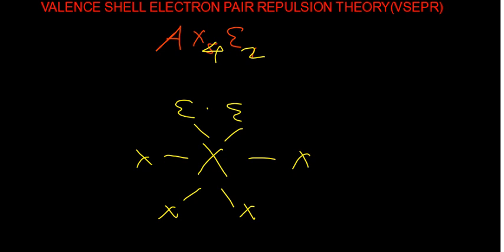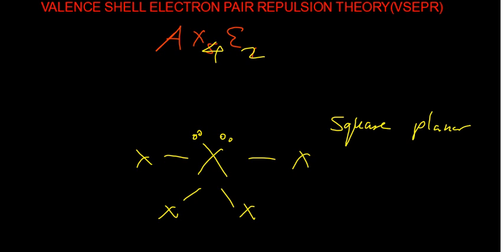Counting those two lone pairs, that will give us octahedral for the domain geometry. But for molecular geometry, we don't count these lone pairs. So those lone pairs will remain there. So this kind of shape is going to form what we call a square planar. A square planar.